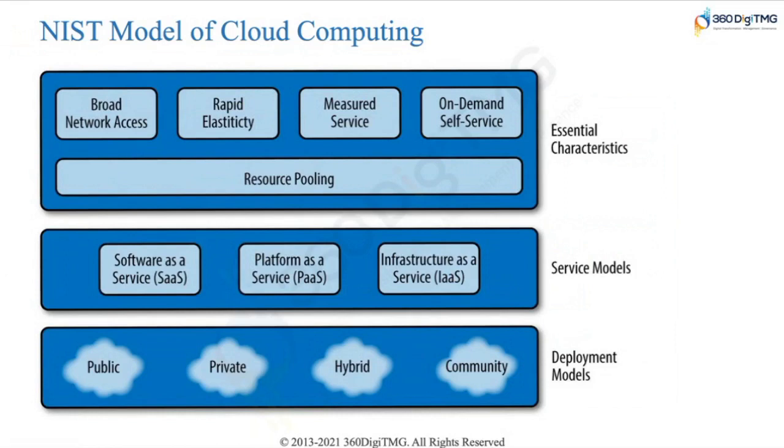Then rapid elasticity. So if I want storage, I should be able to create it. If I want to delete, I should be able to delete. Rapid elasticity should be there, and of course scalability also, if I want to go for more servers, or automate according to the traffic to have more servers.